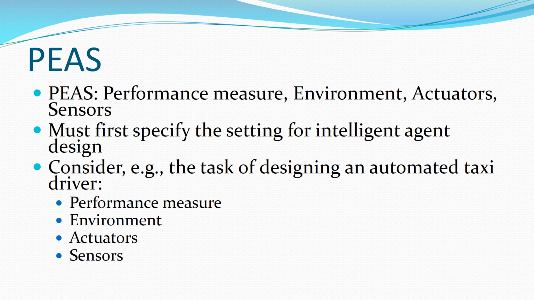We will start by showing how to specify a task environment by illustrating the process with a number of examples. The task environment comes in a variety of flavors, and the flavor of the task environment directly affects the appropriate design of the agent program.